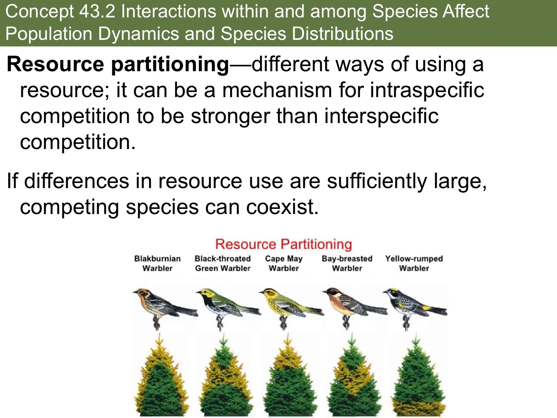They're different species, that makes it interspecific. But as you can see here, these birds are only going to use different parts of the tree. Because they use different parts of the tree, they can all coexist on this one tree. That's what we call resource partitioning.